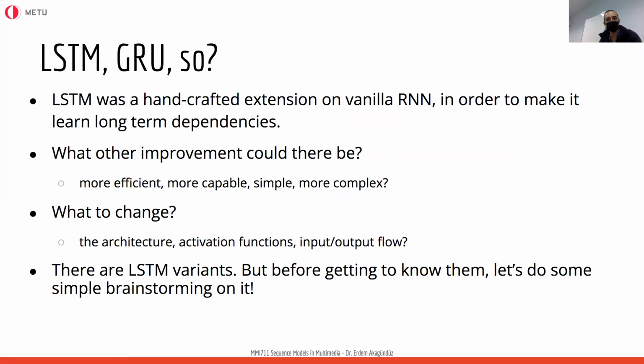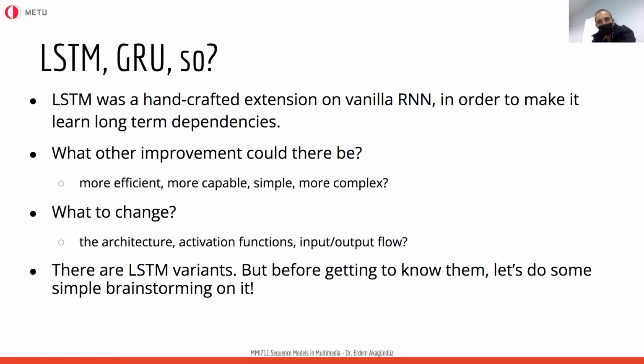So maybe there could be other ideas. If LSTM is an improved handcrafted design for NNs, and GRU is an improved version of it, there could be other ideas, right? We could change different things. We could make it more accurate, efficient, or maybe make it more complex for some purpose, I don't know.